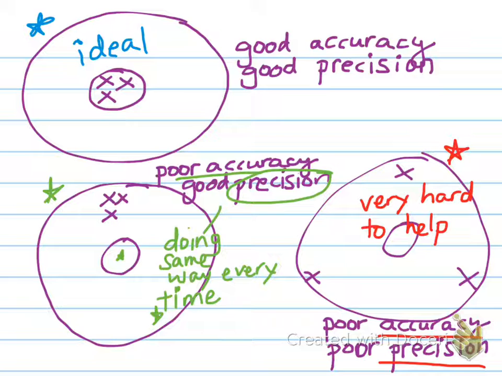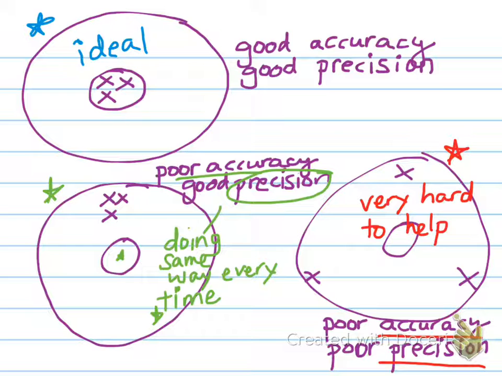This would be me golfing. I'm not swinging the golf club the same way every time. I'm not going the same distance every time. It's a mess. This person is maybe not even reading the directions correctly. Something's going on that they're not even consistently doing things the same way.